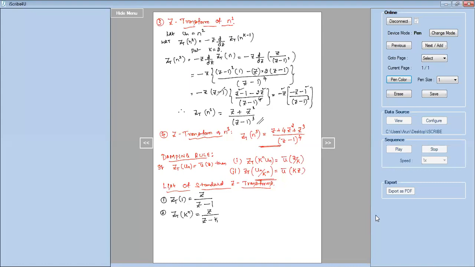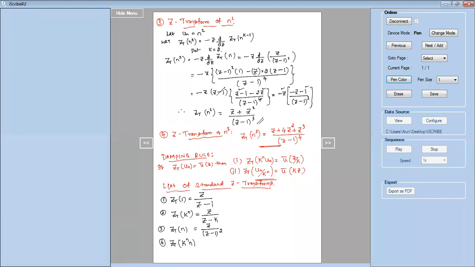The third, Z transform of n. The formula is z by z minus 1 whole square. Fourth, Z transform of n, this formula we have already derived. Now Z transform of k power n into n.